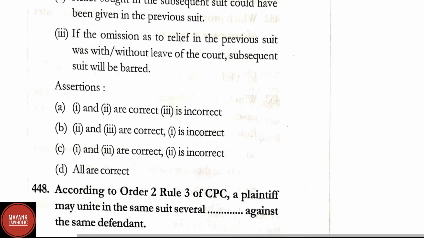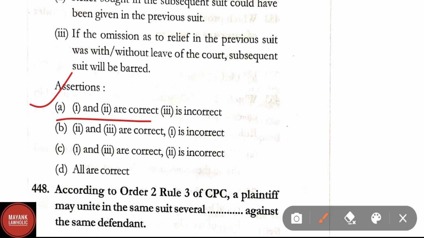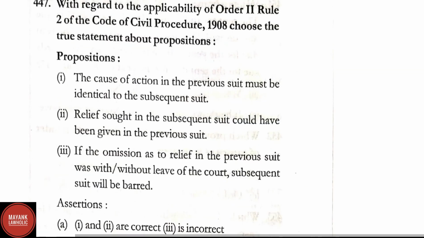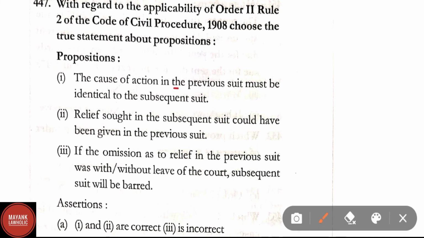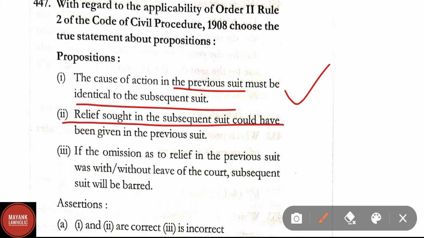Here the correct answer is option A, that is, first and second are correct and third is incorrect. First and second assertions are: the cause of action in the previous suit must be identical to the subsequent suit, and relief sought in the subsequent suit could have been given in the previous suit. And the third assertion is incorrect.